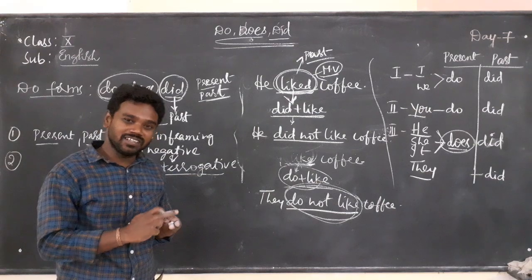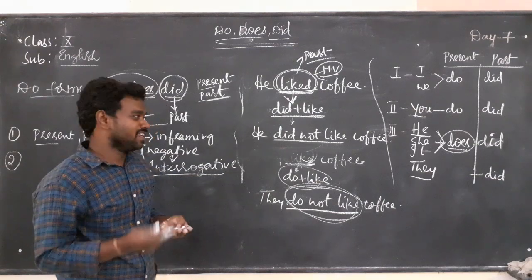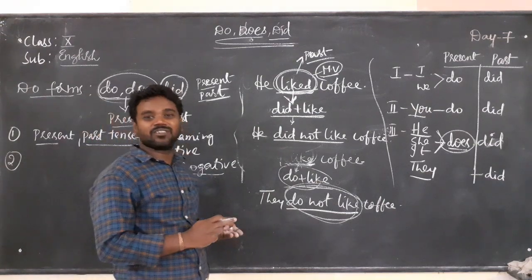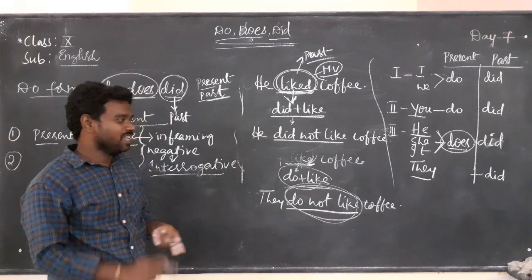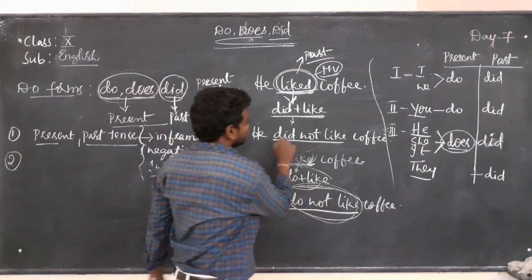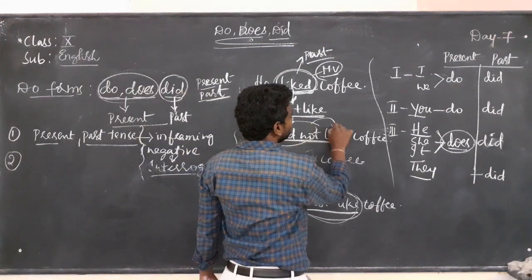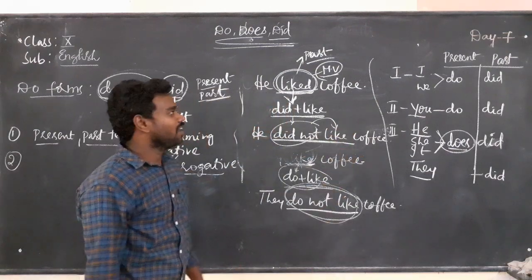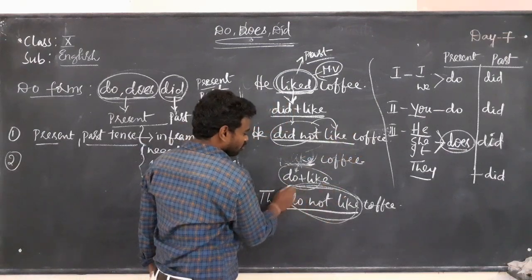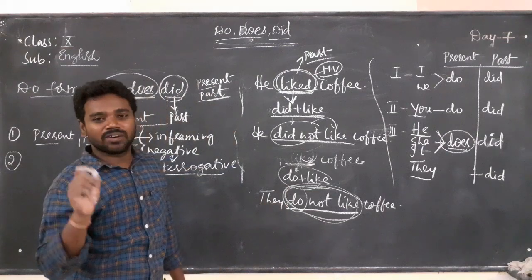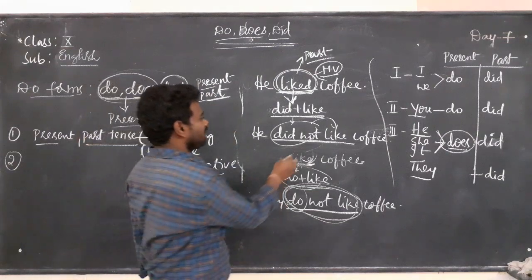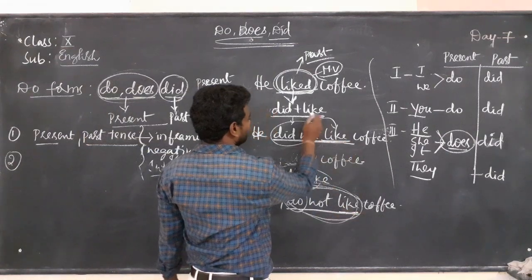Did is the past, went is also past. In a sentence, two past forms must not be used, right? So the past did always takes the base form of a verb, and also does or do also take the base form of a verb, right? The base form, like.